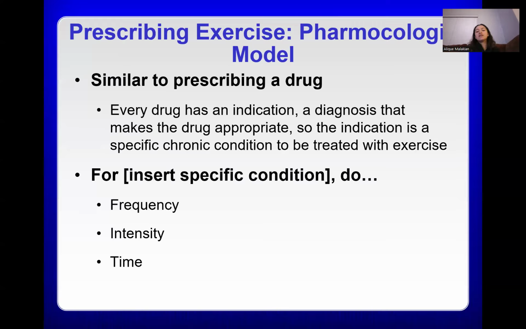So it's basically the same way as prescribing it with the FIT method, but you would just word it differently as if it's a drug. So for hypertension, for type 2 diabetes, for whatever you want to insert there, do XYZ. Frequency of exercise, intensity, and time. That's no different from the FIT model. Just some people might be more comfortable prescribing it this way. Maybe some clients or patients would be more receptive to this method.